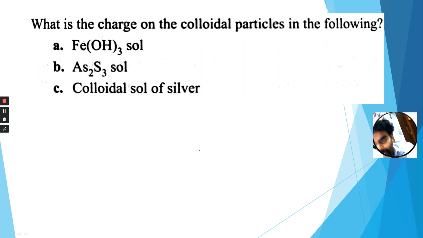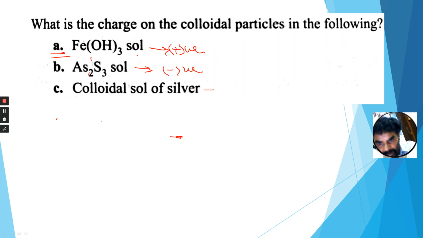And what is the charge on the colloidal particles in the following? You have to find this out from the information given in the videos. See, ferric hydroxide, that is, metal oxides and hydroxides are positively charged. Metal sulfides are negatively charged.